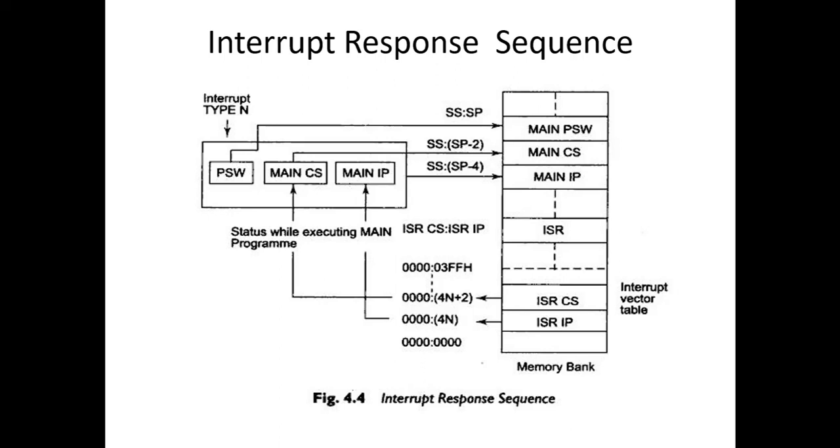If the interrupt flag is set, the interrupt request is acknowledged using the INTA pin. If the interrupt flag is not set, the interrupt request is ignored. Then after the interrupt is acknowledged, the CPU computes the vector address, that means the address of the ISR.